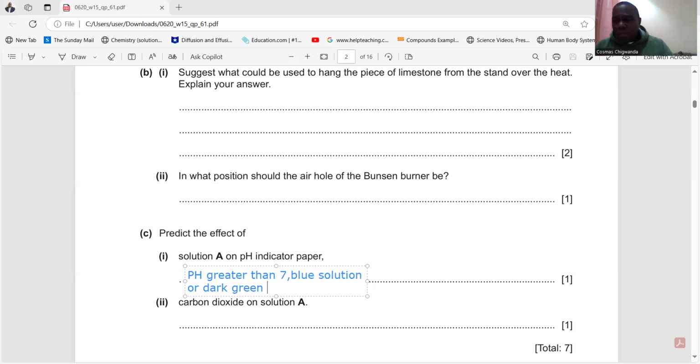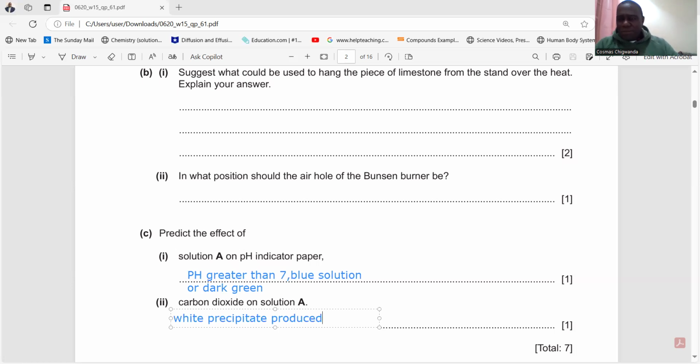The milky white or cloudy suspension, the white precipitate that we see there, is actually calcium carbonate. So if we put carbon dioxide on solution A, what you are simply going to see is that white precipitate. So be familiar with the terminology for paper 6.